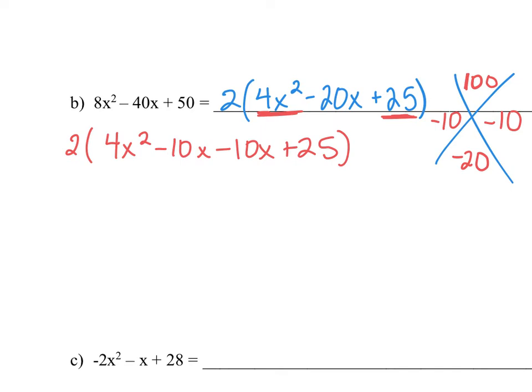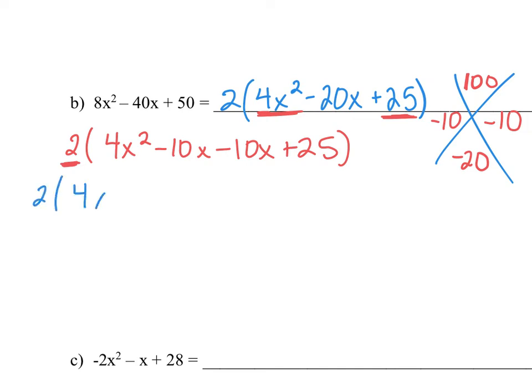Questions on that so far? The most important thing, that GCF, just leave it out there chilling. Don't try to distribute that in there because it's already been factored out. It doesn't need to be factored again. So now we factor by grouping just the inside, leave the 2 out there.